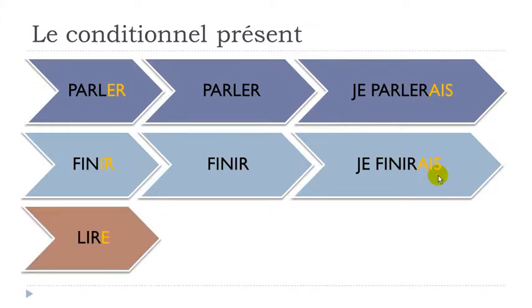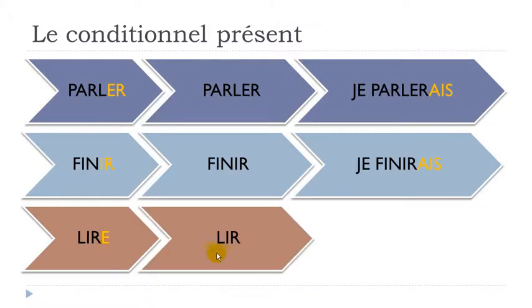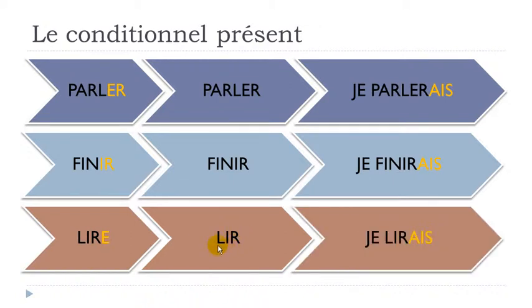Okay? For the third group of verbs, of course, we will have some exceptions. So we'll see that a bit later in this lesson. But still, the main rule is if it's ending like lire, to read, okay, with this final E, well, the idea is that you will take this away, as we quite usually do in French, okay, and after that you will add your ending.